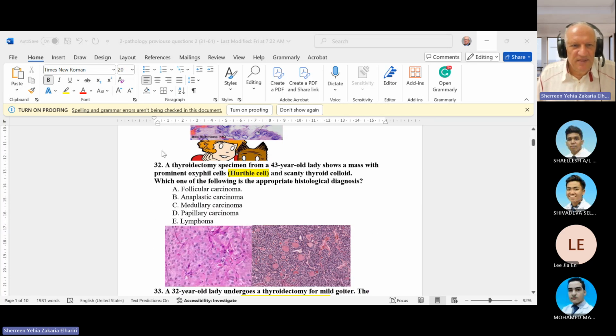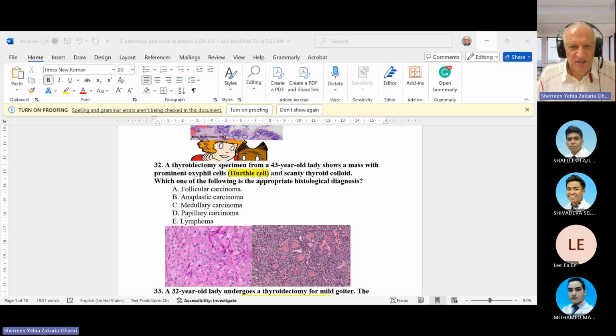Second question, also in thyroid. A thyroidectomy specimen from a 43 years old lady shows a mass with prominent oxyphil cells, what we call Hurthle cells, and scanty thyroid colloid. What is the appropriate histological diagnosis? This is not common, but it is one of the varieties of a carcinoma.